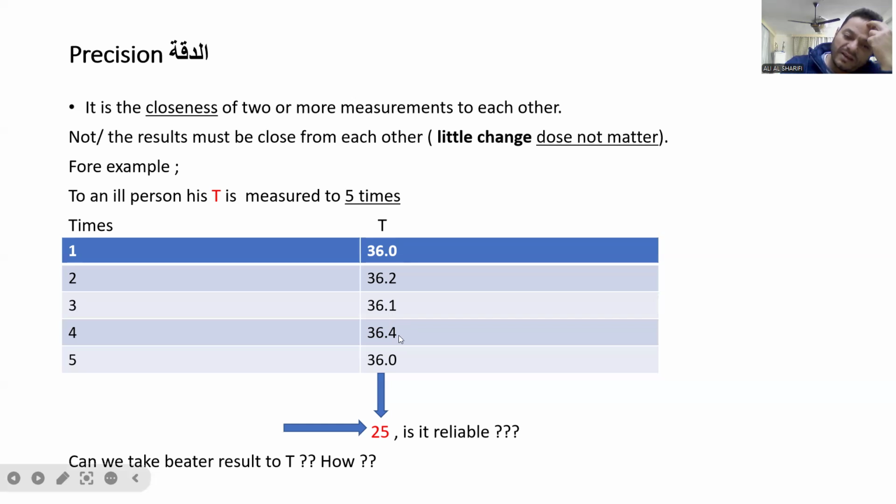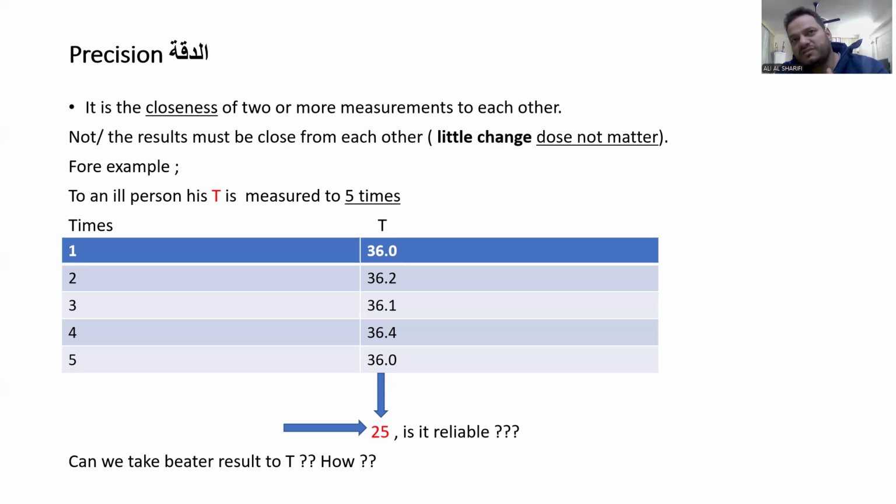But when the physician or doctor says his temperature is 25, that means it's not reliable. It's not an acceptable measurement, not an acceptable temperature for any human, because surely you have a background about the normal temperature of any human, like the heart rate of any human.